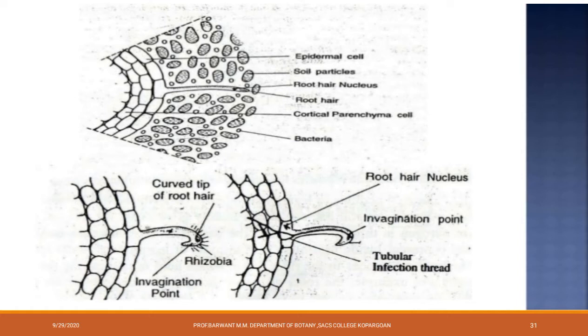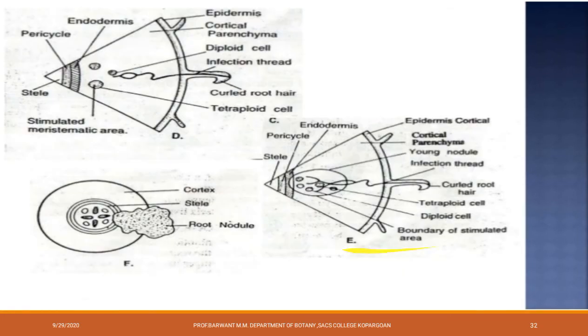A tubular infection thread enters the root hair and then the root. Infection threads pass through epidermal and cortical parenchyma diploid cells, then the endodermis and pericycle of the stele and cortex, till root nodules form.